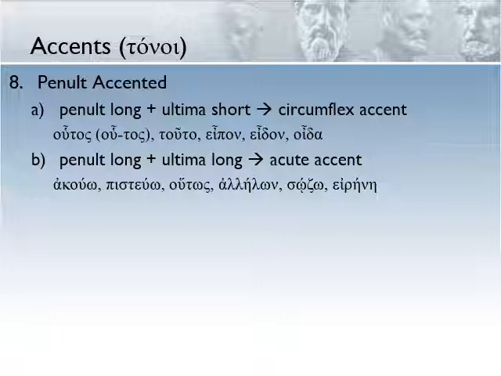It could take a circumflex accent. Circumflex accents can stand on long vowels. However, since the ultima is long, the circumflex cannot stand on the penult. And so the accent, rather than being a circumflex, will change to acute. And this is the proper way of accenting the word akuo.